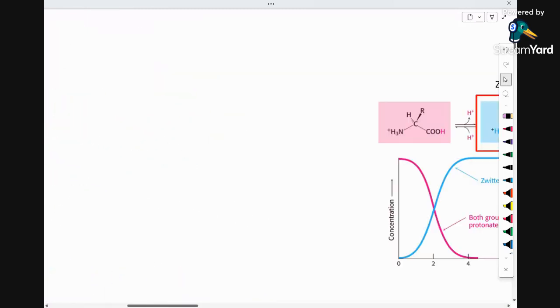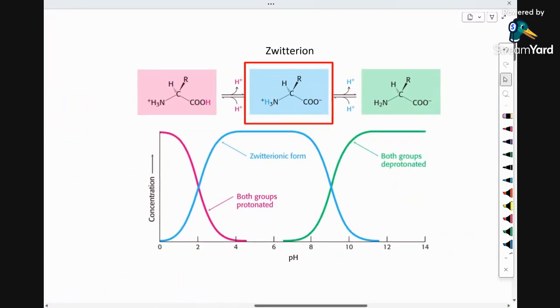So I've got an image over here, which shows pH down the bottom here, and we've got concentration on the y-axis over there. And you can see the zwitterion here is what exists at pH 7.